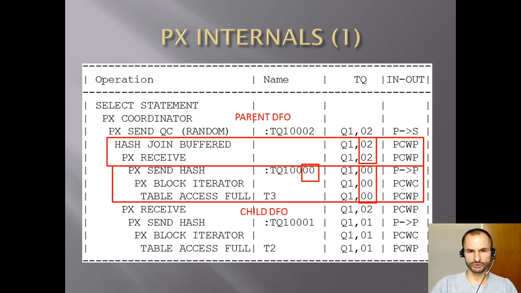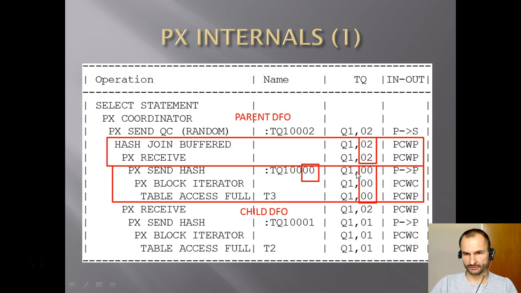Whatever data they produce in this full table scan, they send it via this table queue here to the other data flow operation, to the other parallel slave set. And you can see here that we have these numbers here after the comma. So we have this 00 here, 00.